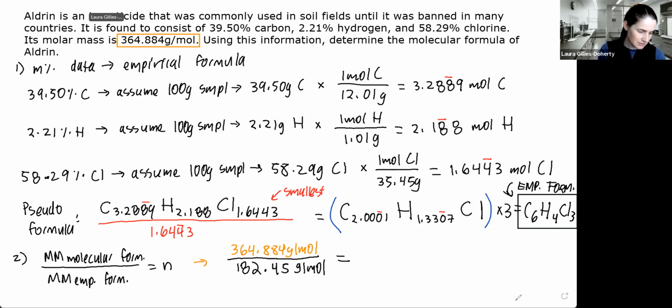So now when I divide these two, 364.884 divided by 182.45, I get 1.99, which is 2. Close enough to 2 to round to 2.